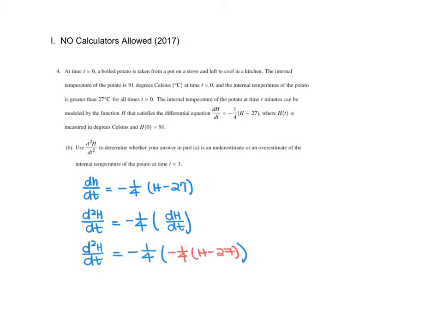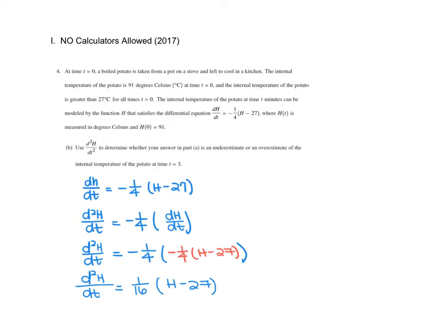So when we simplify it a little bit, negative times negative becomes positive 1/16 times h minus 27. And in the problem, it gave us a clue that we need to use the second derivative to determine under or overestimation, which means we have to figure out the concavity.